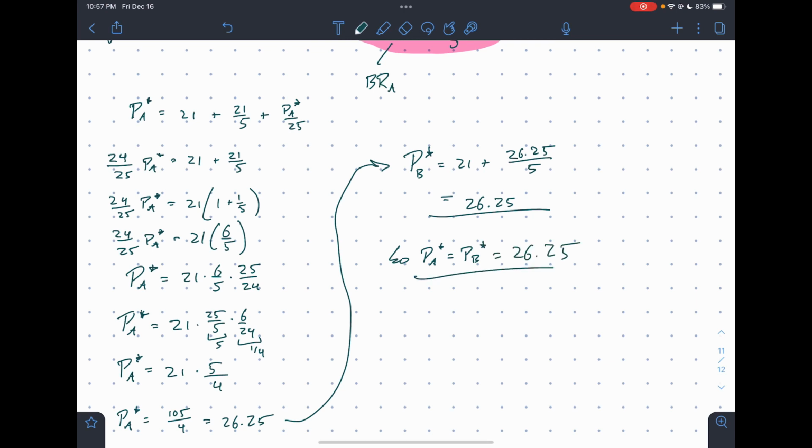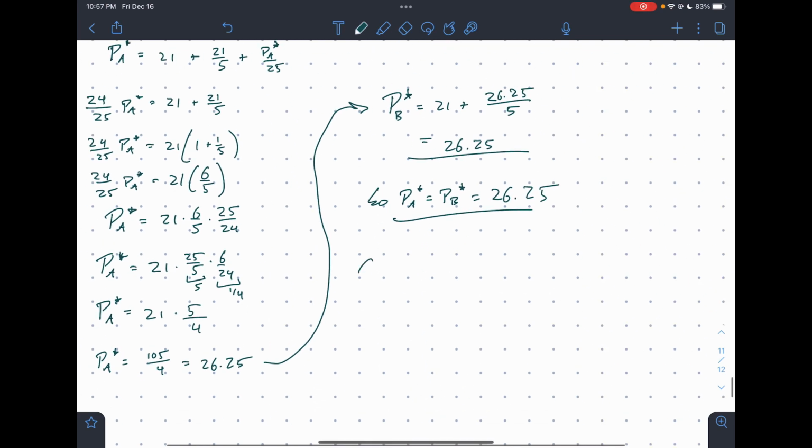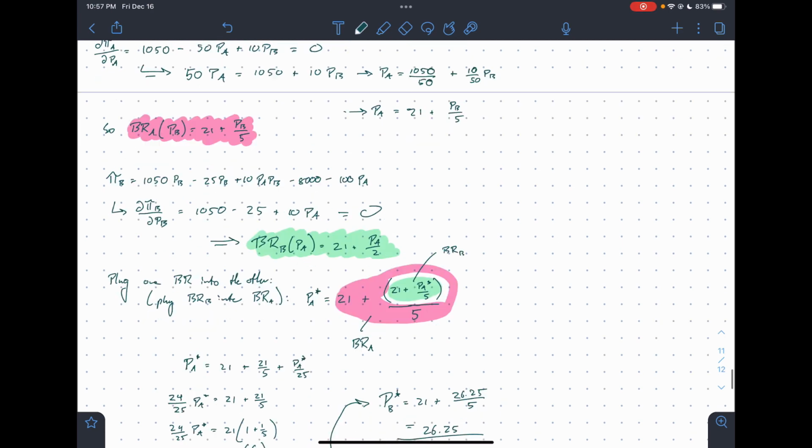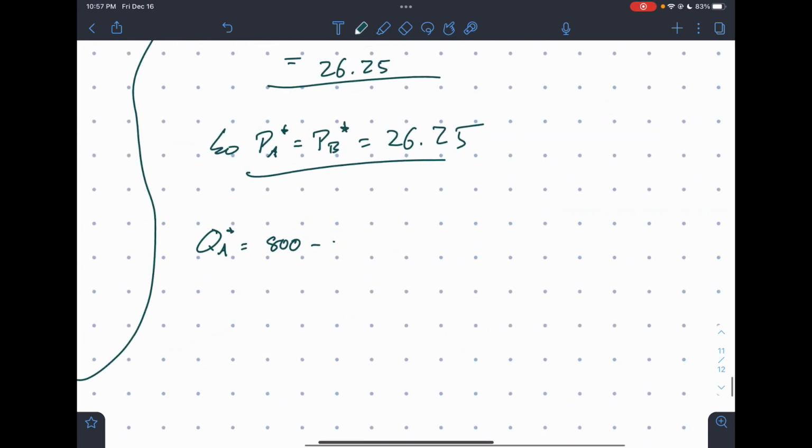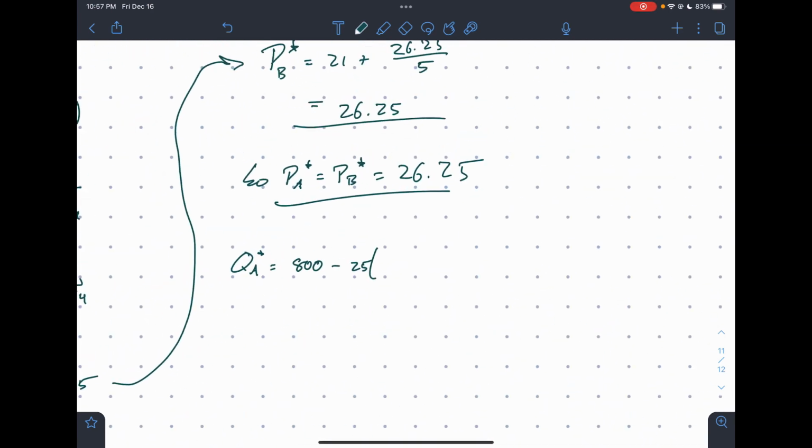Now we need to find the equilibrium quantities. So QA star is going to be 800 minus 25 PA plus 10 PB, which is also 26.25.